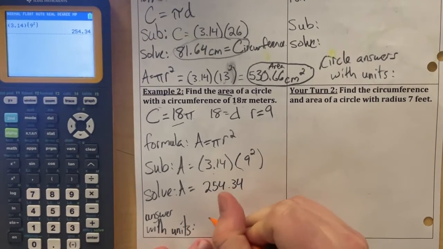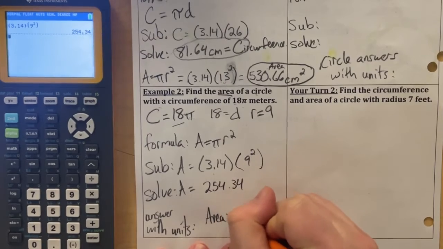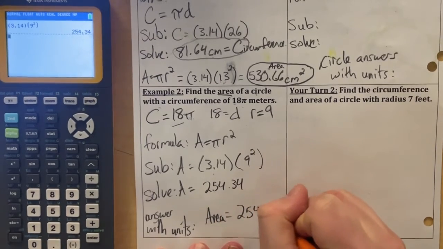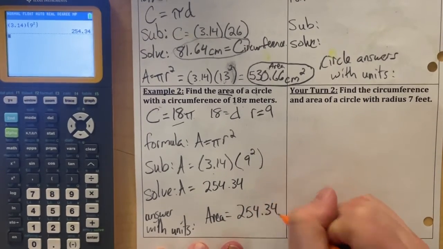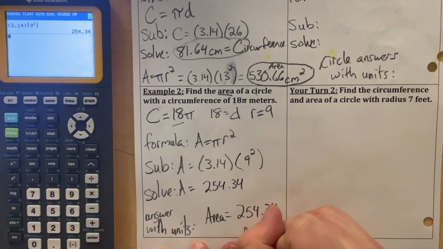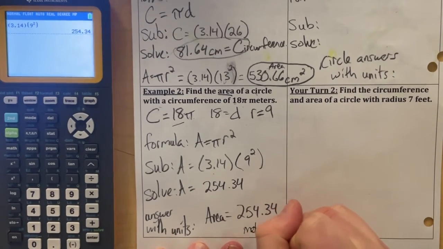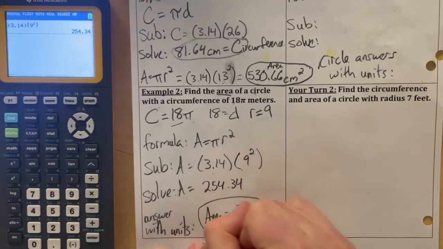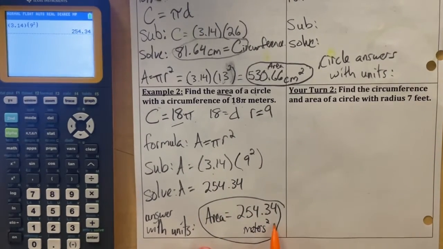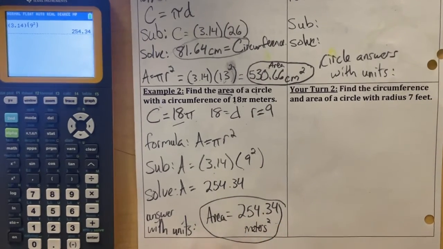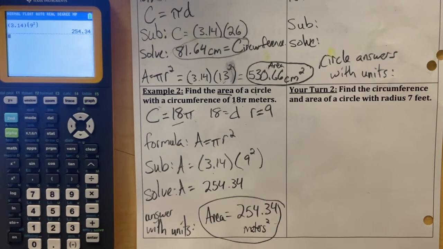So we have our area is equal to 254.34, and we have meters squared. You could have square meters, you could have m2, or raised to the second power. Any of those would work.